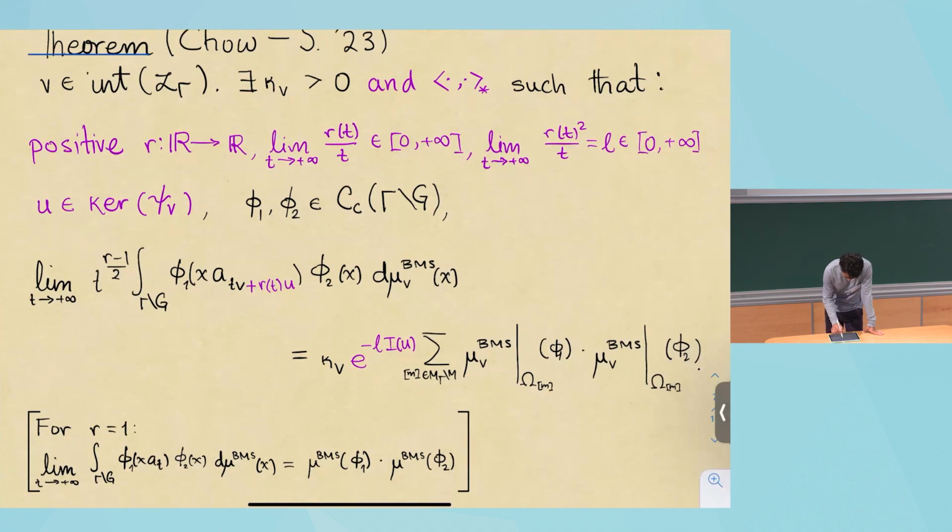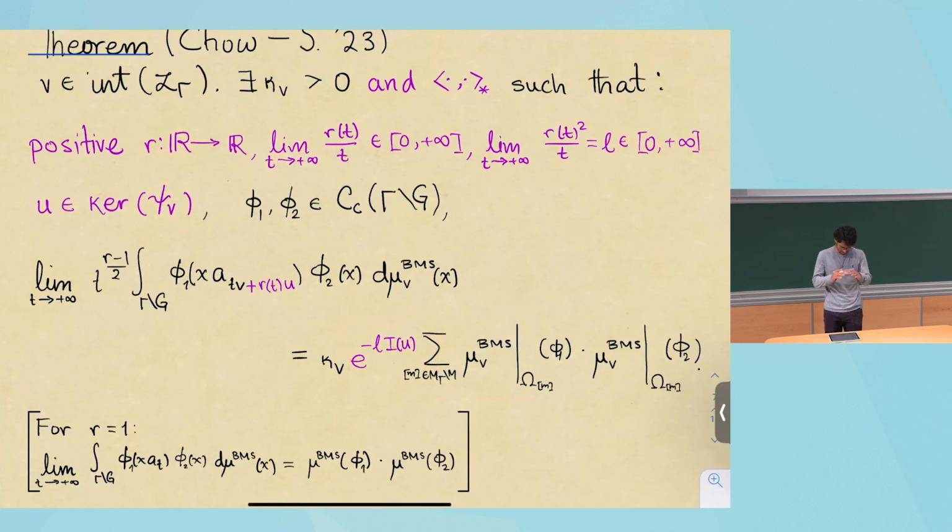And then again, if you add the purple parts, then you have this special inner product, and you take a map R with these properties, and then you can perturb the flow in this kernel direction. And if you do that, you get this extra dependence on U by this exponential.